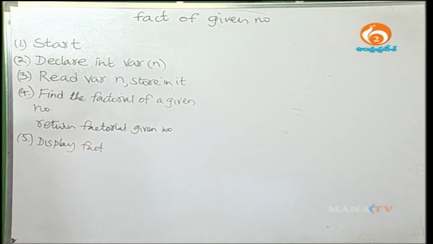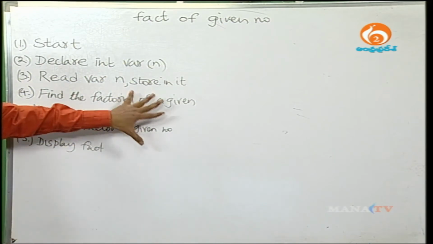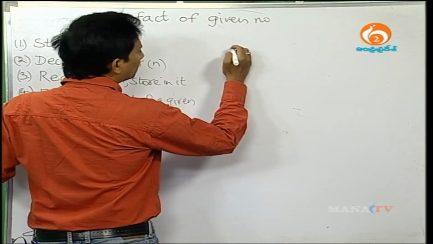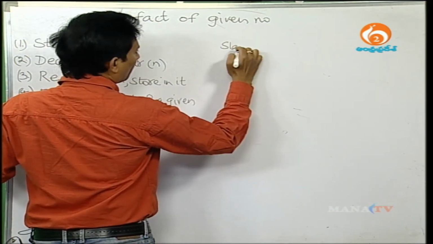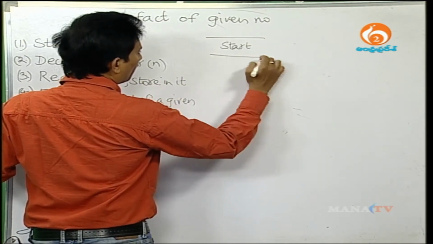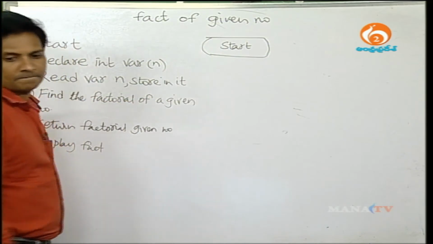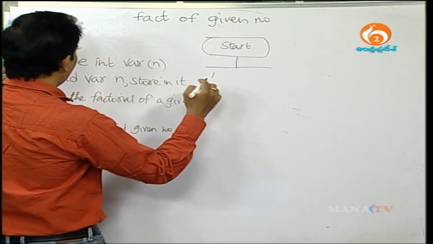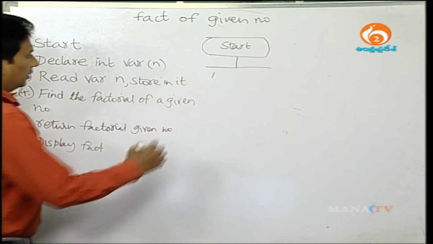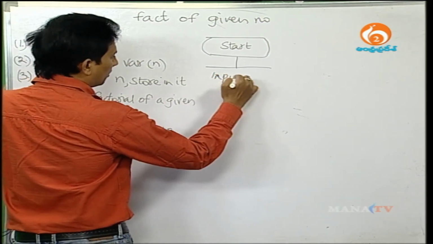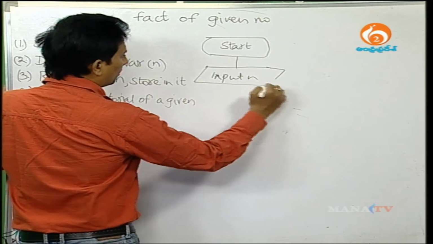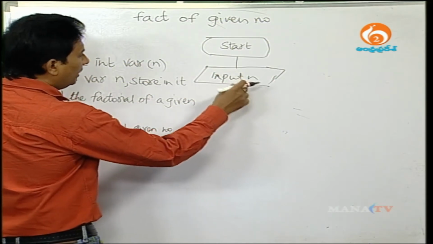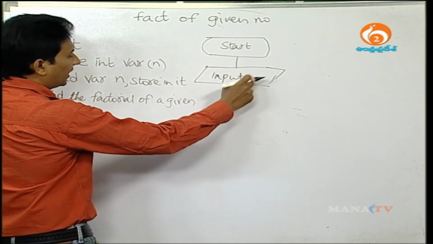For this one I will also convert it into a flow chart, so that it becomes simple. Start. Next, input value. We are declaring the variable, so input n. Input n means we are reading the value.